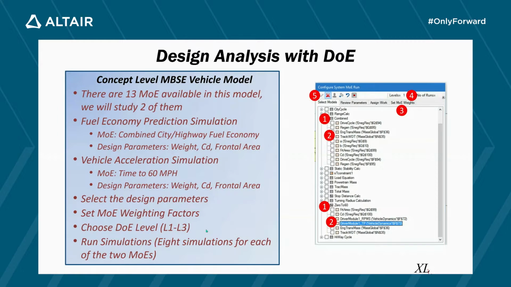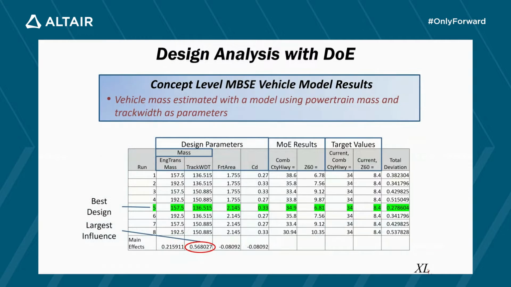So it runs 8 simulations of the 0 to 60 acceleration and 8 simulations for the fuel economy by adjusting the parameters. Results get printed out in a table for you.